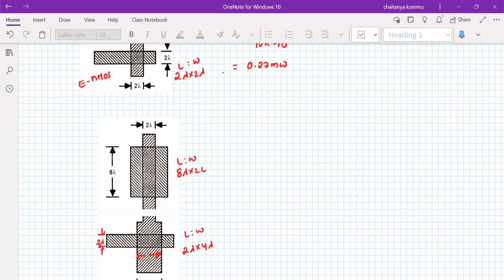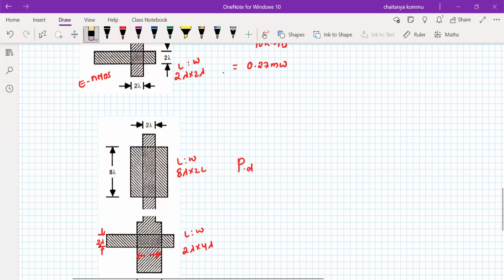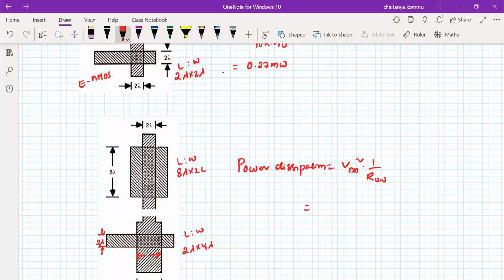So what is this value then? R on, the power dissipation by the circuit is simply VDD square multiplied with 1 by R on. So 5 square is multiplied with 1 by R on, which stands for 2 lambda.